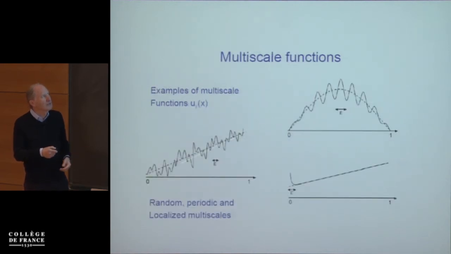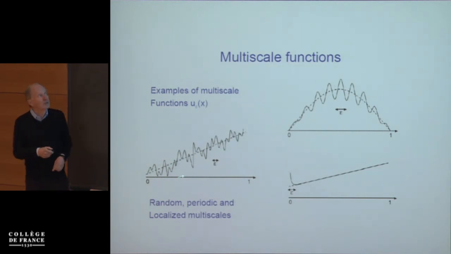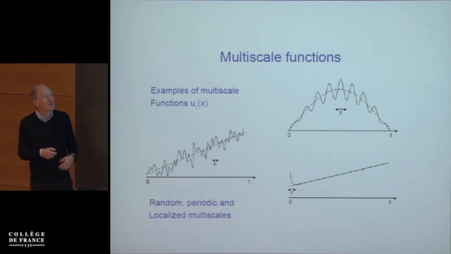Mathematically, I will talk about it in terms of functions, where I denote the smallest scale of any energy that plays a role with epsilon, and the overall size of the domain as 1.